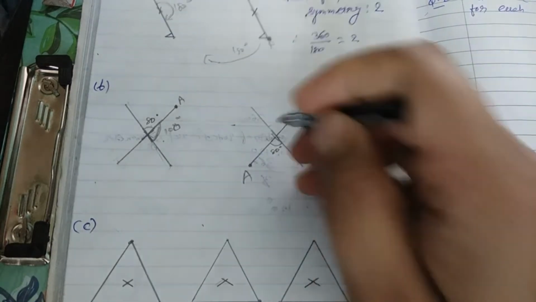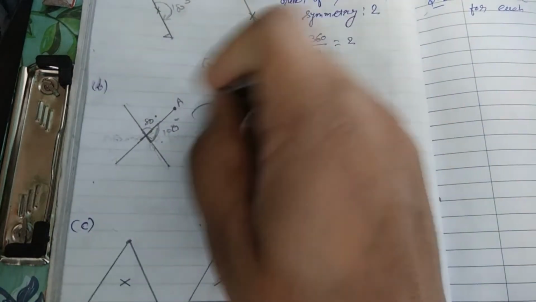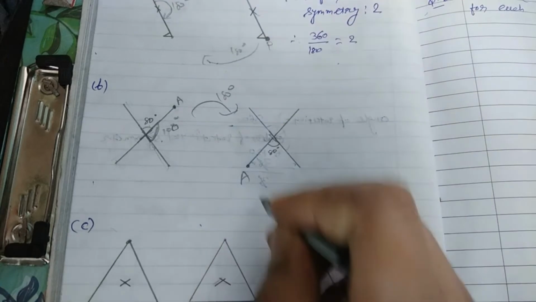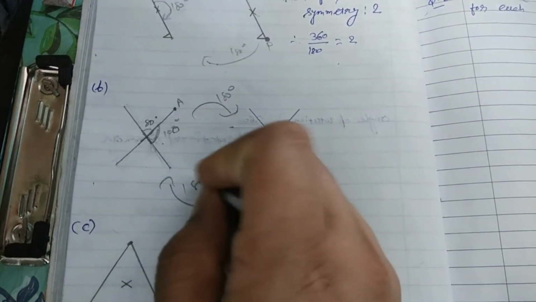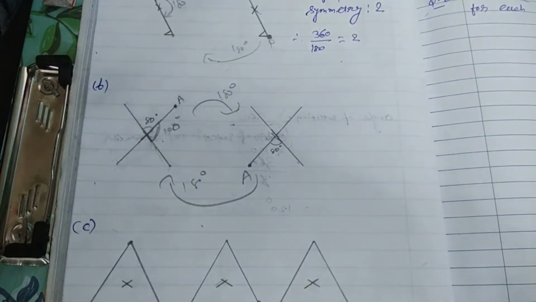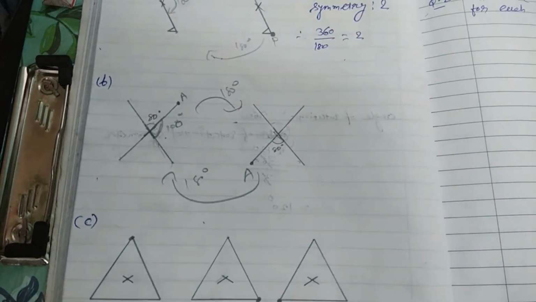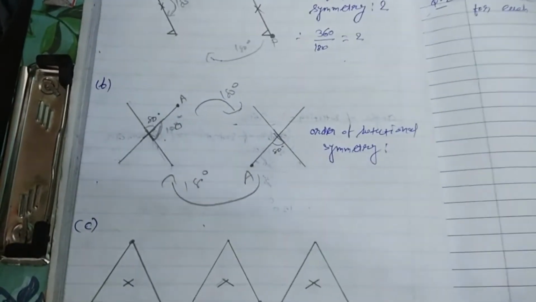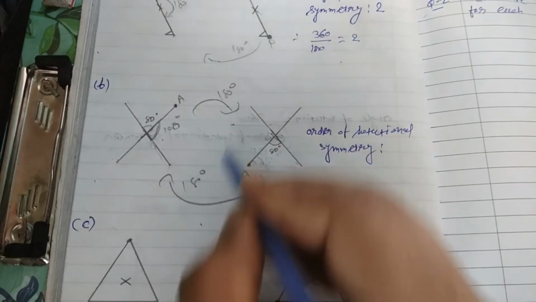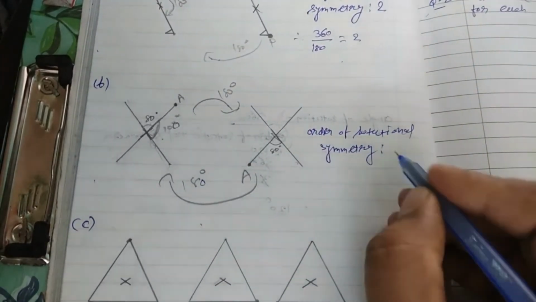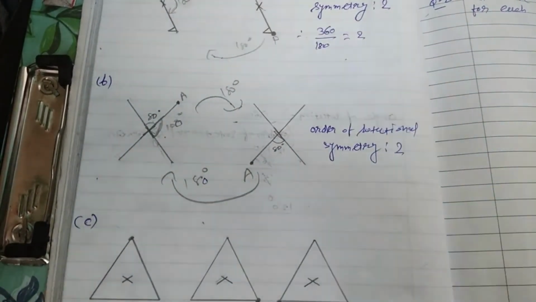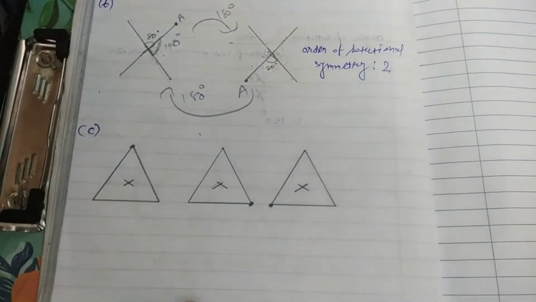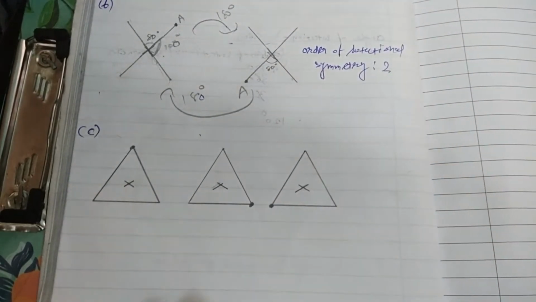It is a 180 degree rotation. Again we will do a 180 degree rotation, so we will get exactly the original shape. So what is the order of rotational symmetry for this shape? It is 180 and again 180, that is 2.